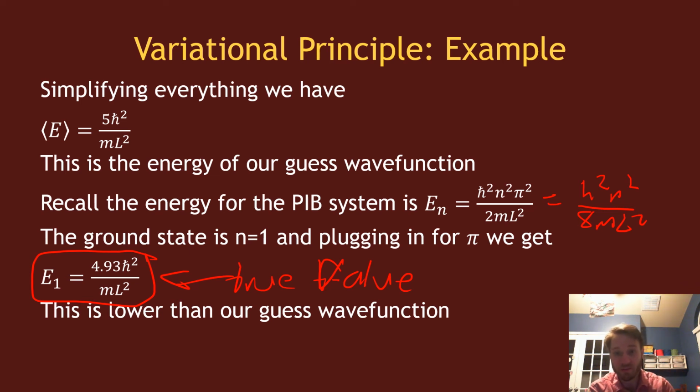And in practice, what is done is instead I would have my wave function be written something like, let's say, 5x, and I have a similar guess where it's still going to be an x squared over L minus x over L. But what I'm going to do here is multiply this second term by alpha.